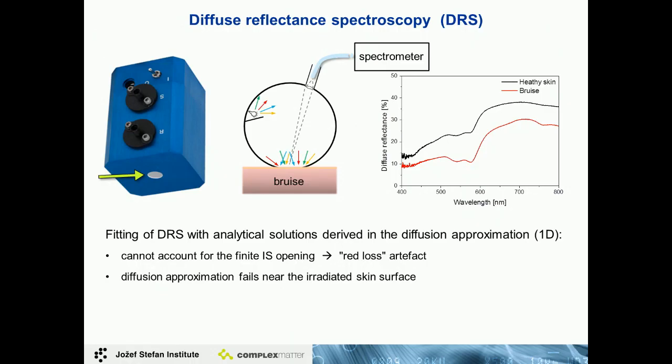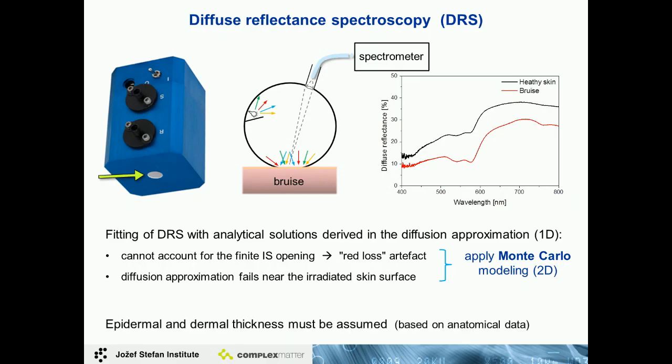The one-dimensional theory cannot account for such effects. But perhaps more importantly, the diffusion approximation is known to fail close to the skin surface, especially under surface irradiation conditions. So for these two reasons, we are going to apply the inverse Monte Carlo approach to avoid those pitfalls.